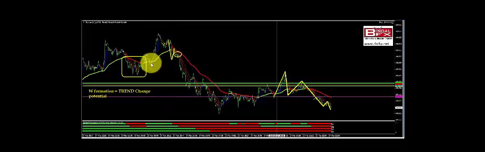And that's been a nice run, good juicy profits, and then you have a break of the trigger line, and you wait for a pullback back to the trigger line. The trigger line changes from green to red, and you basically enter a trade here and all the way down.